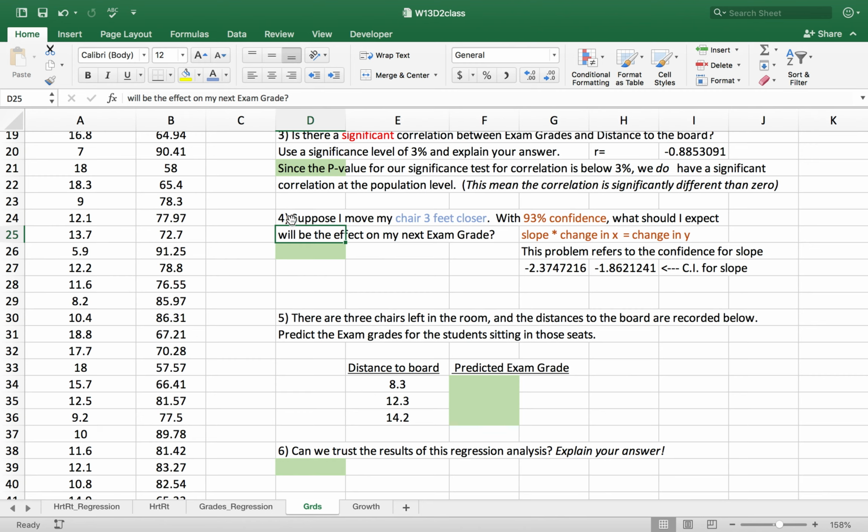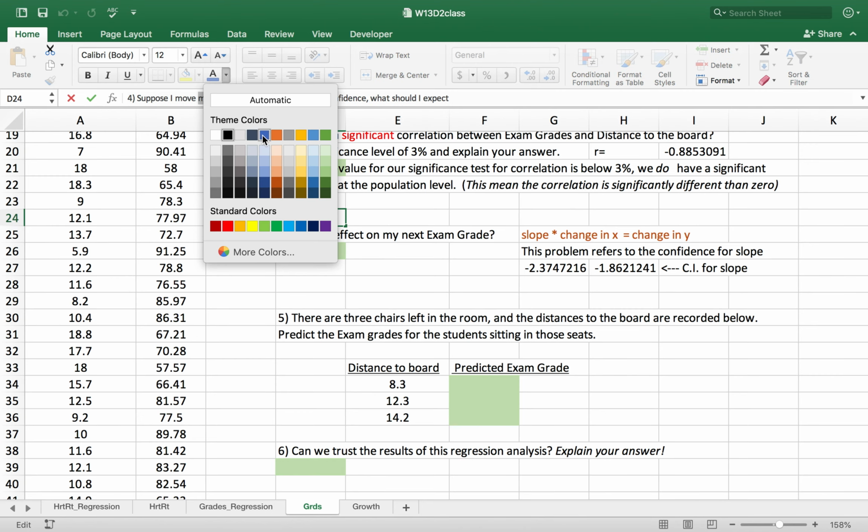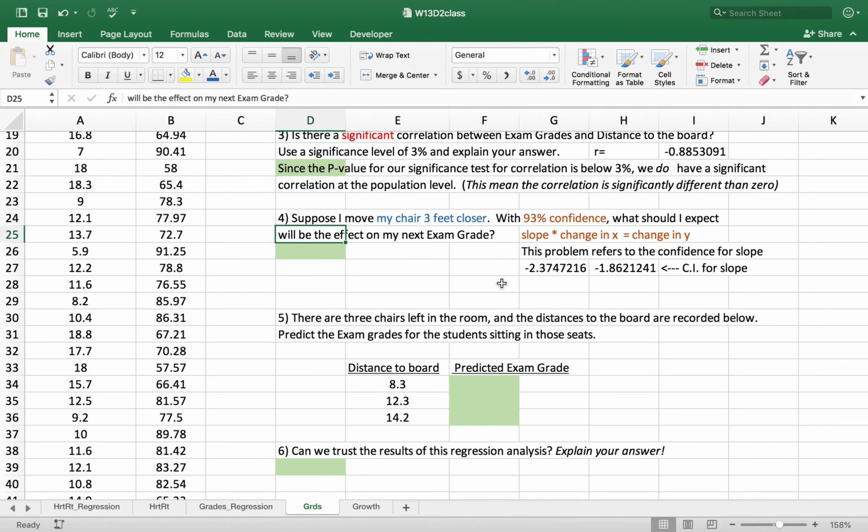Let me make that a different color. I'm going to move my chair 3 feet closer. If I multiply by what that change in x ends up looking like, I'll be able to estimate what my range of exam grade effects are going to be.